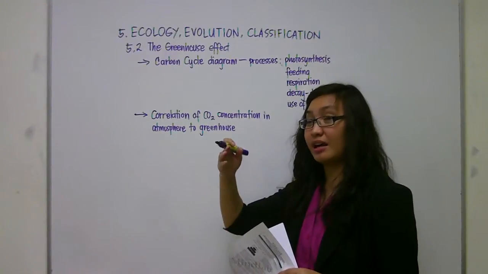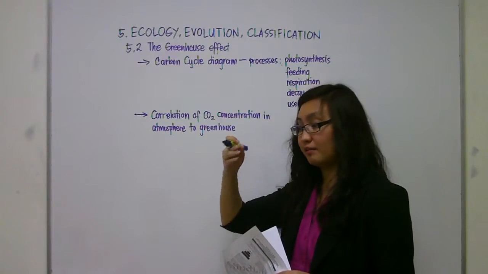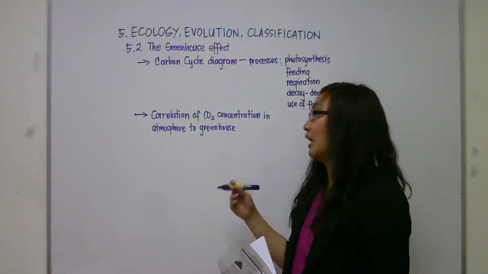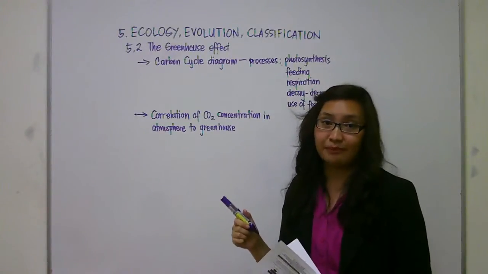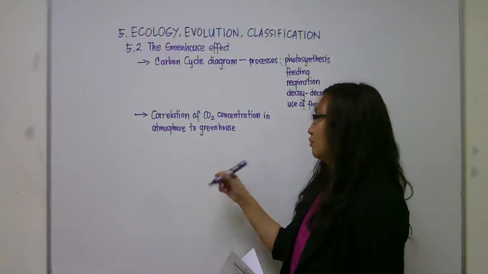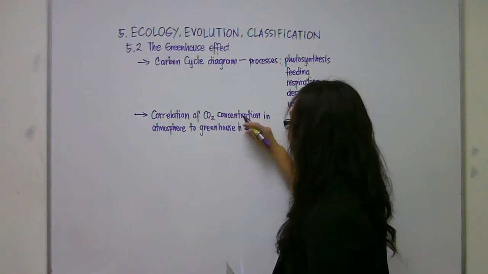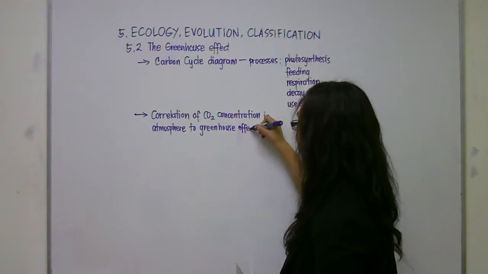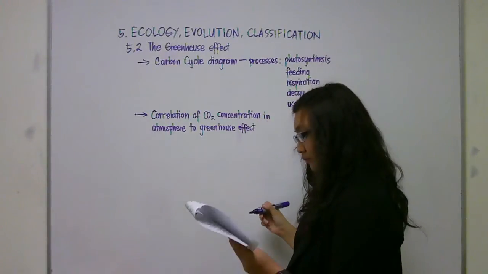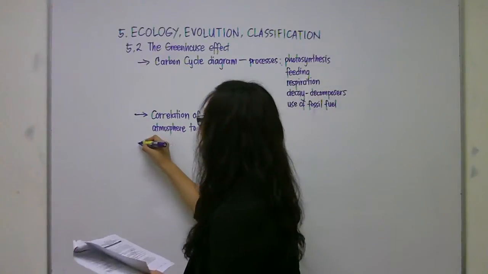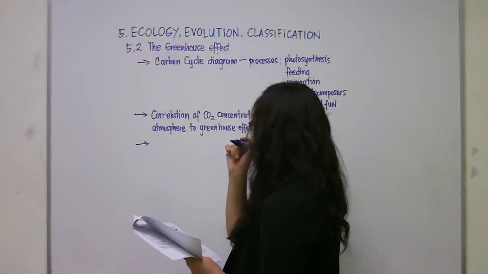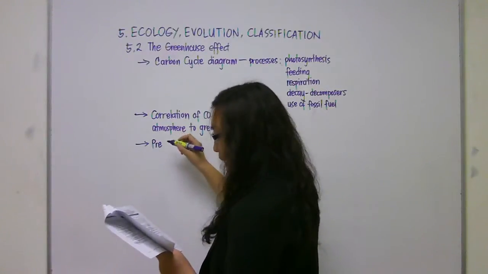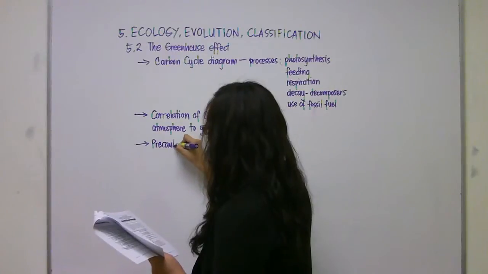There is evidence that shows an increase in the carbon dioxide concentration in the atmosphere, which contributes to climate change, or an induced greenhouse effect. Right after this area, we have to discuss the precautionary principle.